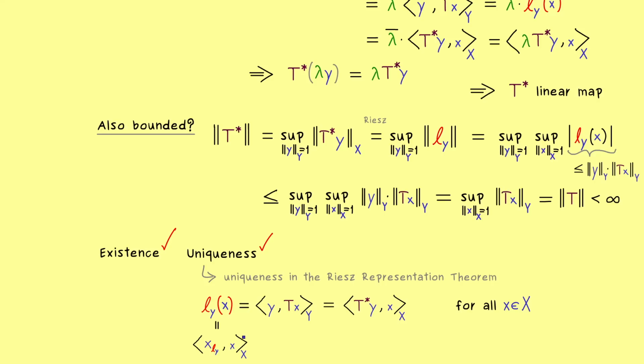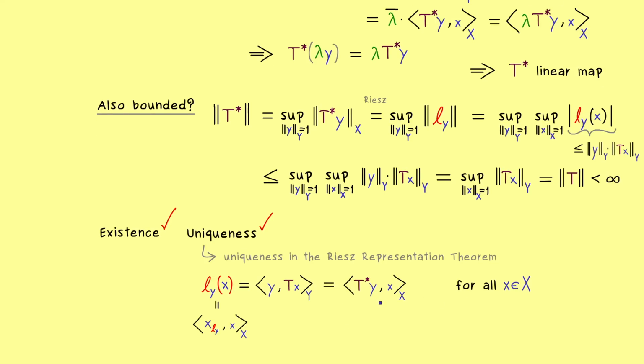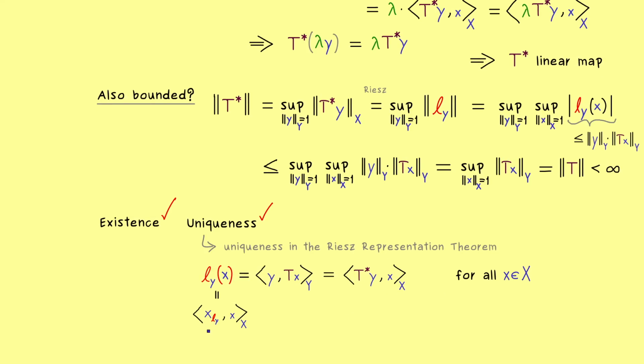So we have this equality for all x in X, which means we can bring this to the other side and do the whole argument with the orthogonal complement again. So the implication is simply this vector T star y has to be the vector x_{L_y}. There's simply no other possibility, and the uniqueness is definitely done as well.